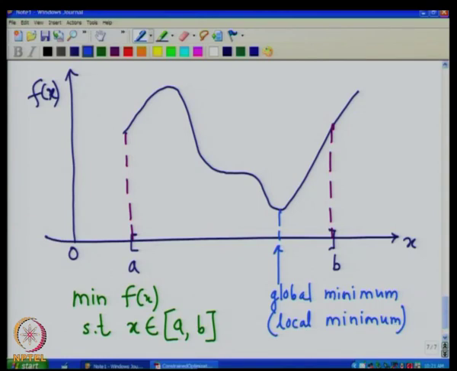Now, if you look at this point x equal to a, you will see that in the neighborhood the function value is increasing. So, this is also a local minimum.